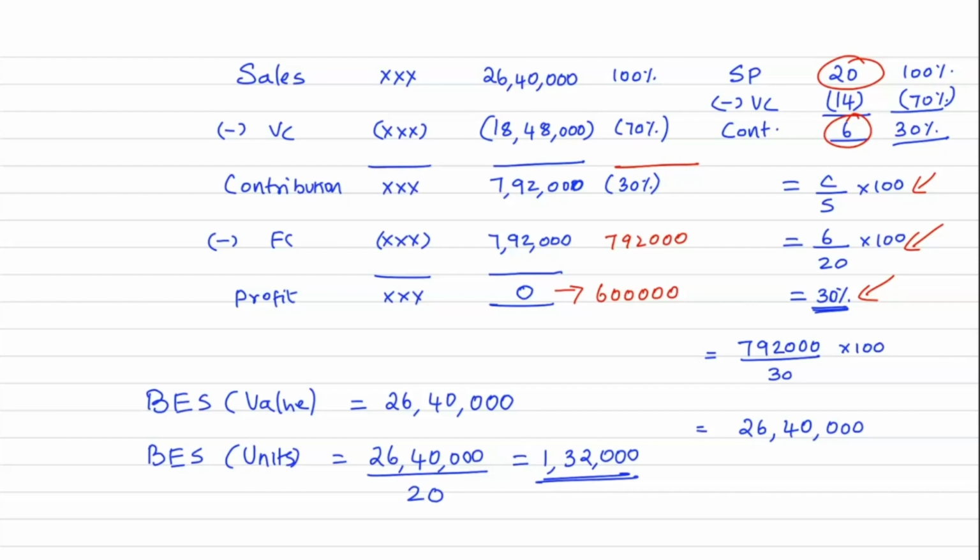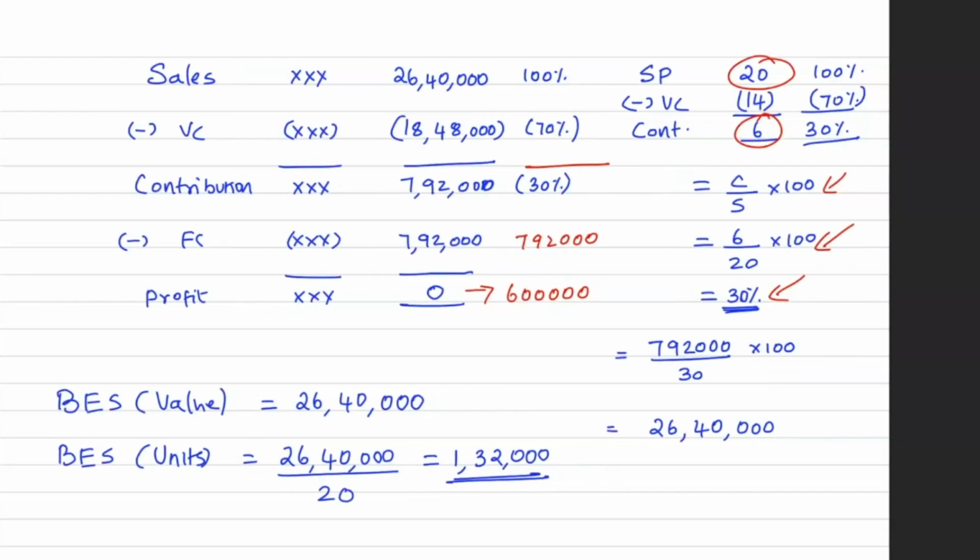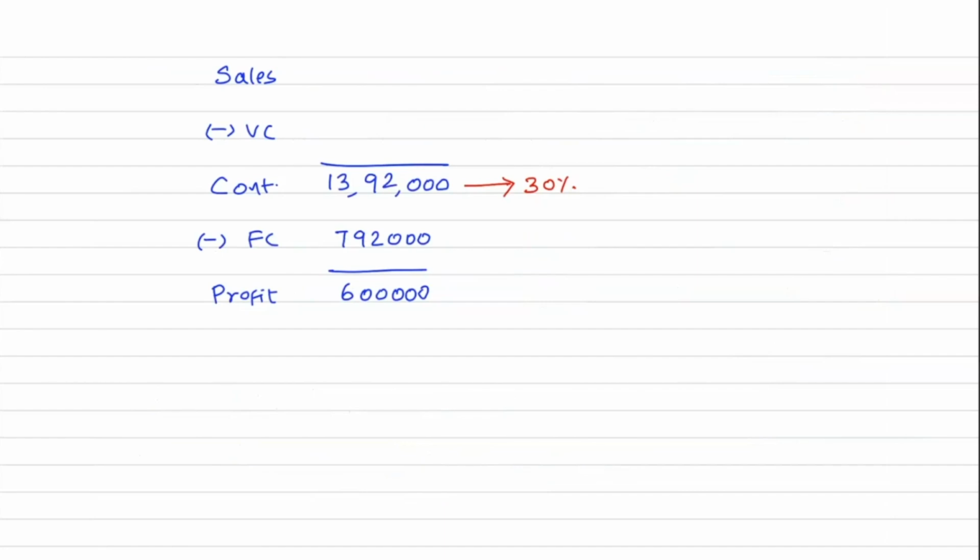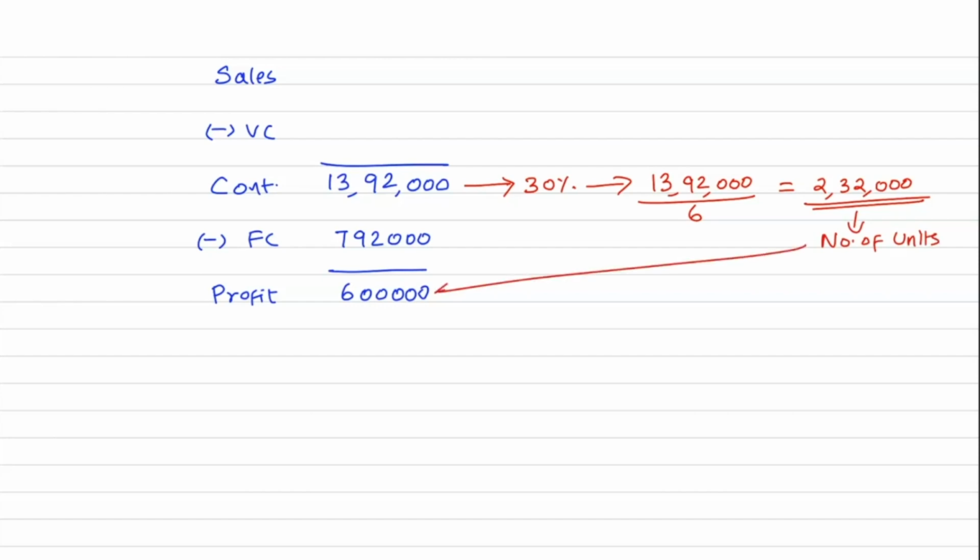Okay. We'll make use of this information, that is contribution per unit is 6 rupees. So we'll take 13,92,000, we'll divide it by 6, and that will give us 2,32,000.